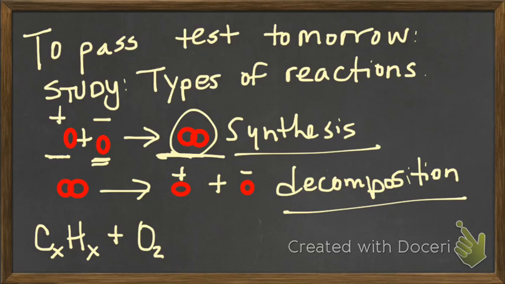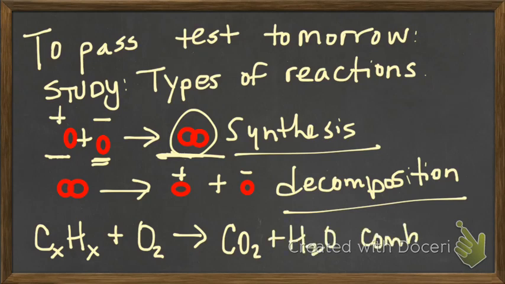It will always look exactly the same. It has a hydrocarbon and an oxygen, and your products are always CO2 and water, and that is combustion. So that should be probably the easiest three to remember.